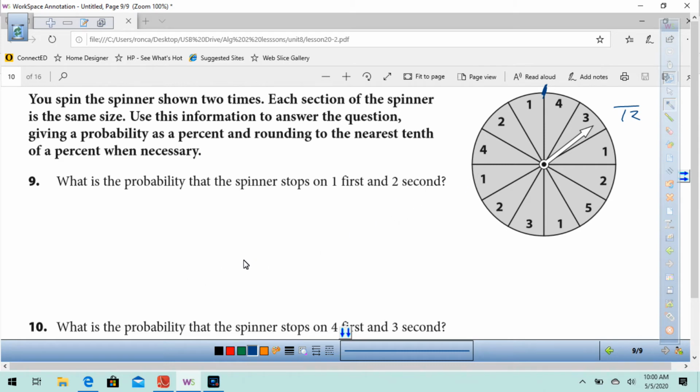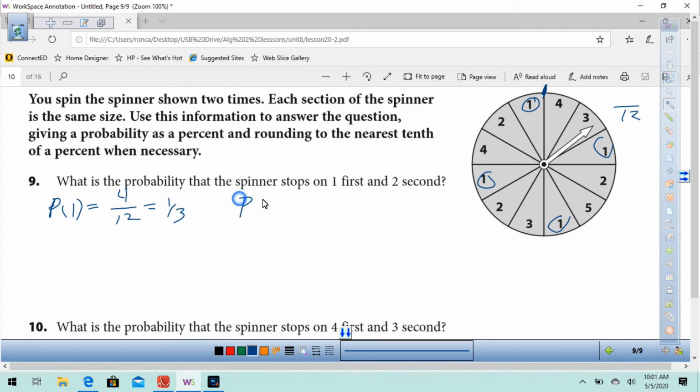Now, how many ones are there? So the probability of 1. All right, we got 1, 2, 3, 4. I'm not seeing any others. So that's going to be 4 over 12, which is 1/3.